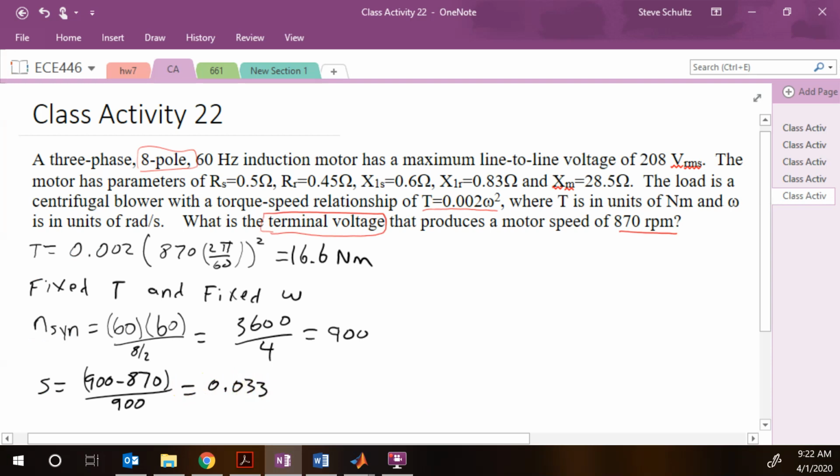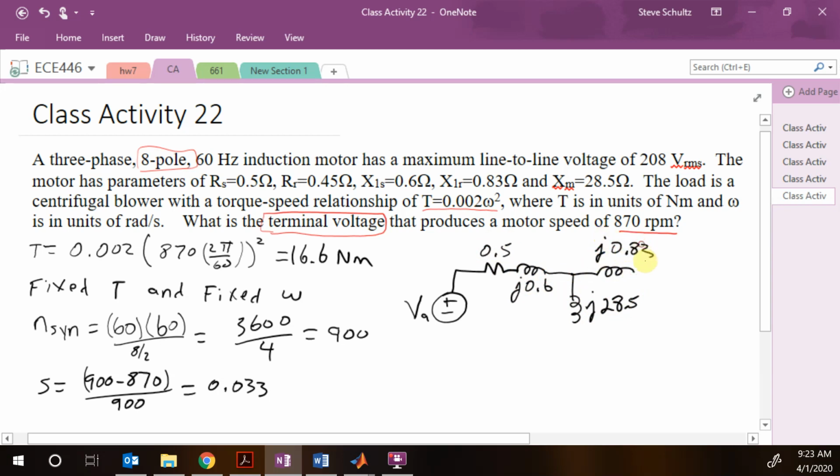Okay, so let's draw our equivalent circuit. So we have an applied voltage, stator resistance 0.5, and a leakage inductance of j0.6, magnetizing inductance of 28.5, leakage inductance of j0.83, and a rotor resistance of 0.45 divided by 0.033.